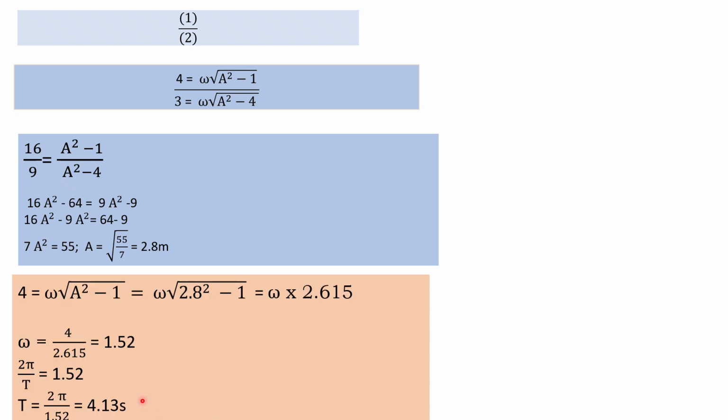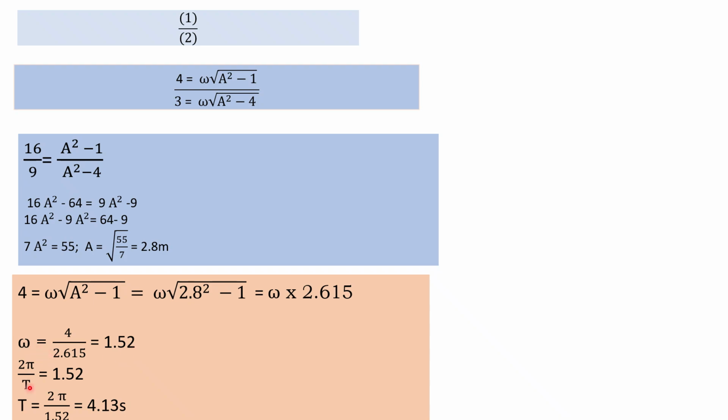We can substitute these values in equation number 1. 4 equal to omega into root of a square minus 1. Instead of a, we put 2.8, and on calculating we get 4 equal to omega into 2.615. Omega equal to 4 by 2.615 equal to 1.52.